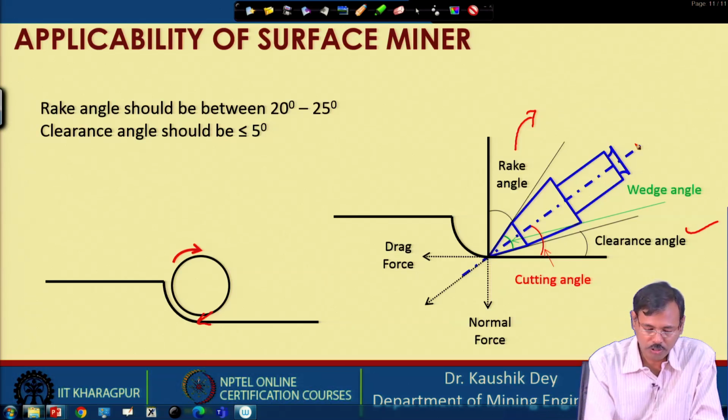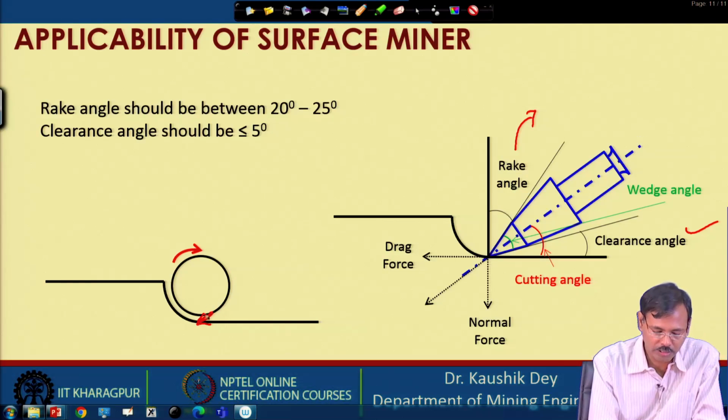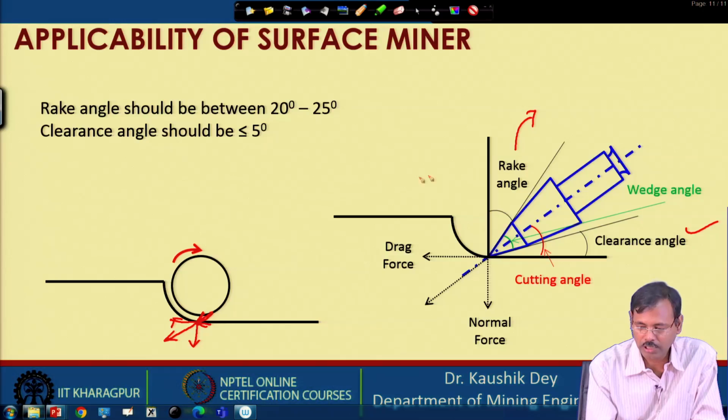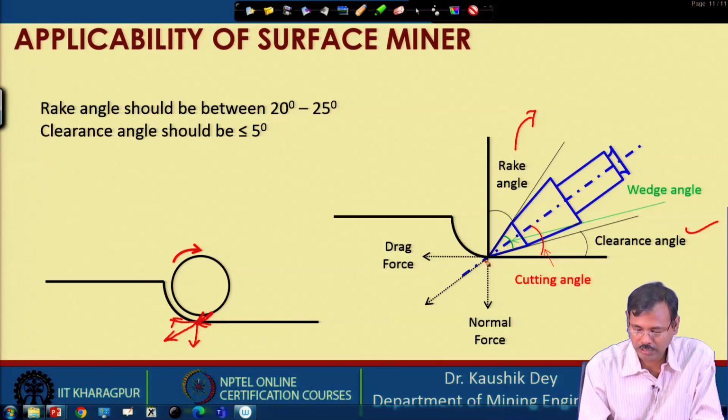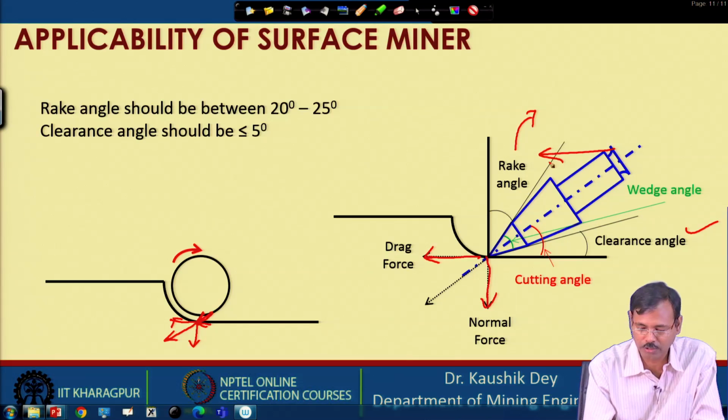The moment the pick strikes, it has two components: one is the normal force, another is the drag force. After hitting, this is the normal force, this is the drag force. Apart from that, this pick is also dragged by the crawler system, so that drag force is also acting on this.